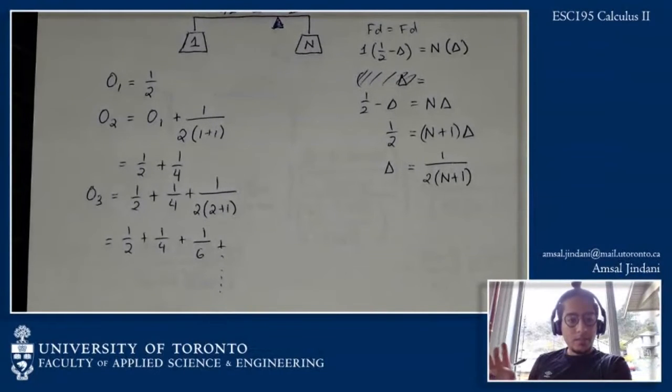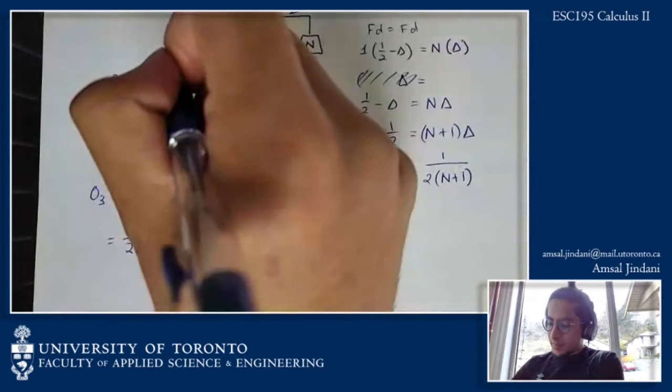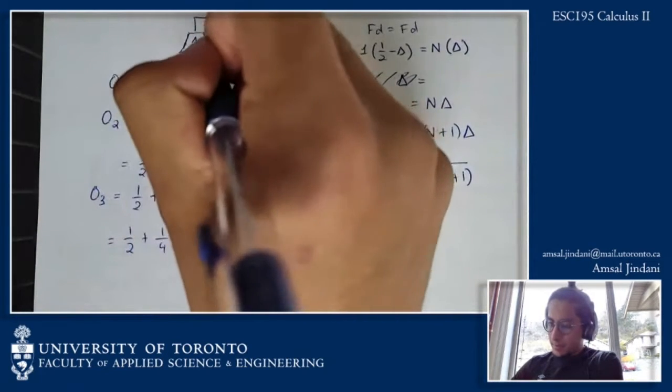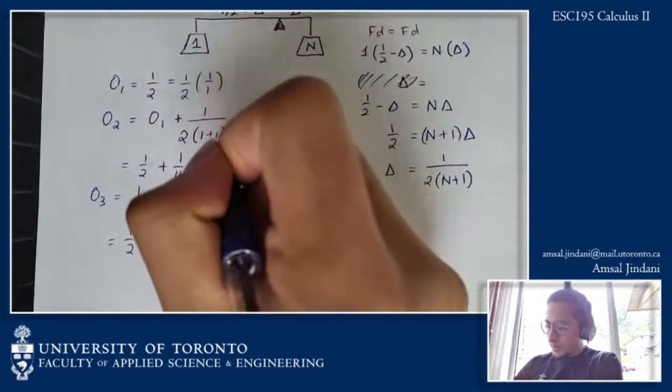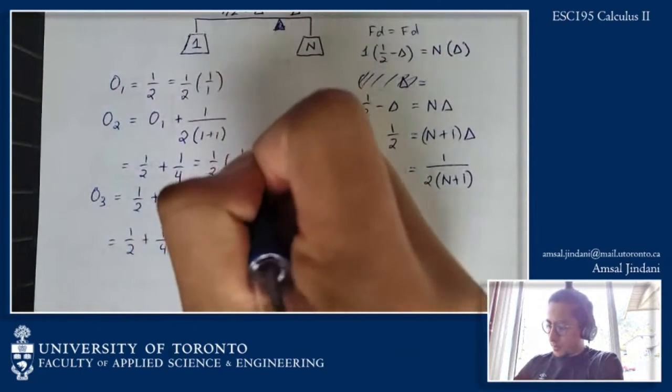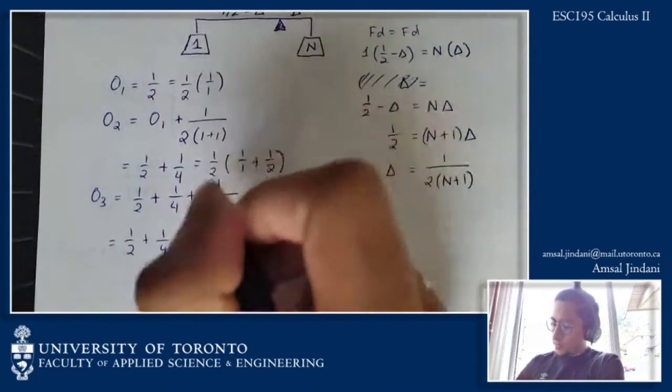So does anyone see what series this is following? I might make it a bit easier. You can say it's half times 1/1. Yeah, exactly. It's a harmonic series, right? 1/1 plus 1/2.